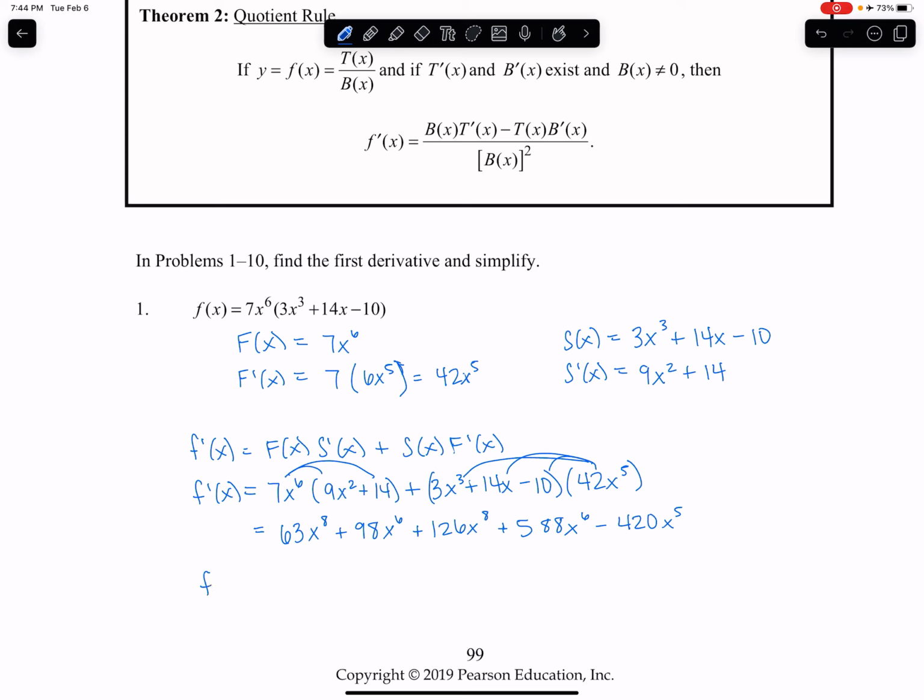And so, combining our like terms, our derivative is 189x to the 8th plus 686x to the 6th minus 420x to the 5th.